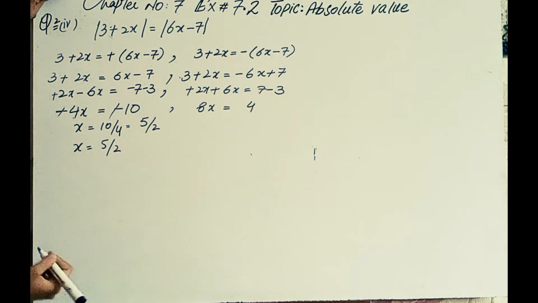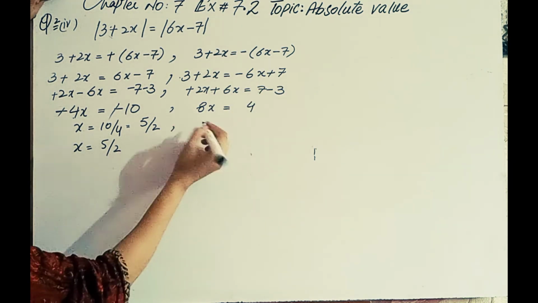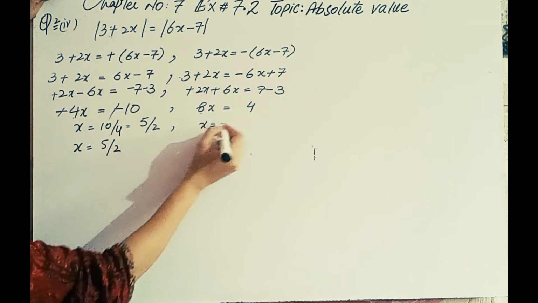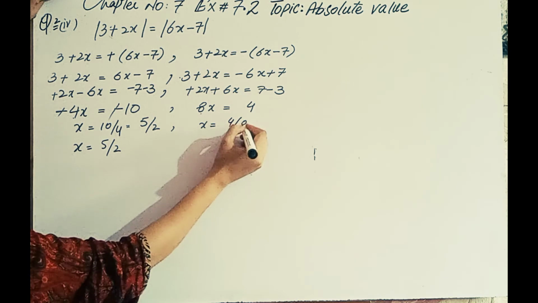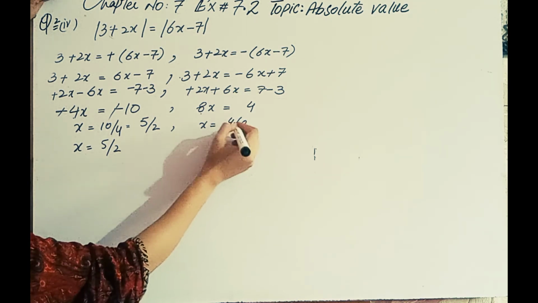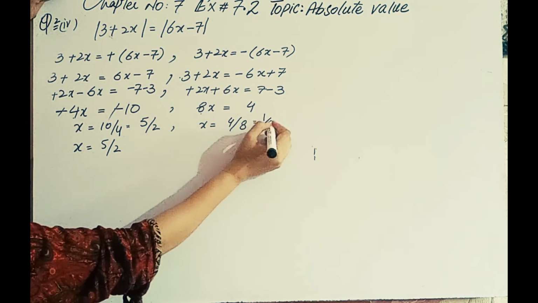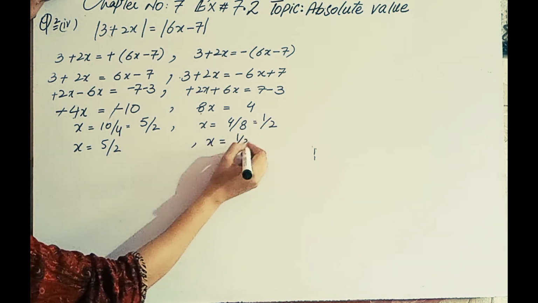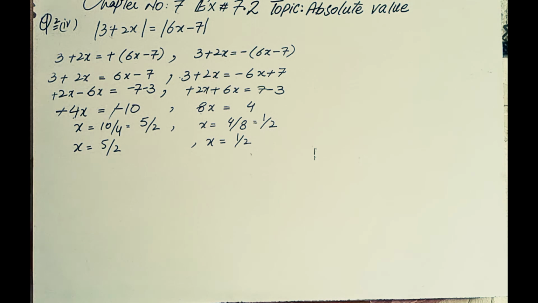The sign will be plus, that we can write or not, there is no issue. Okay, 8 is multiplied here. On the other side this will be divided. 4 divided by 8. When this is cancelled by 4, 4 times 1 is 4, 4 times 2 is 8. So here the second value of x is 1 by 2. So we have the two solutions. One gives us 5 by 2 and the other gives us 1 by 2.